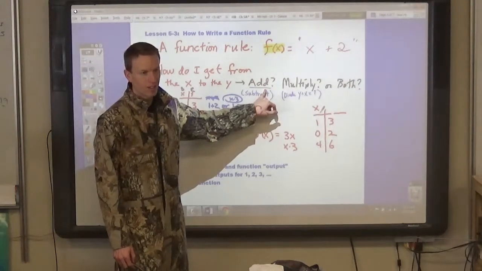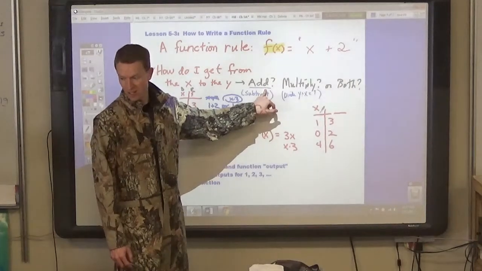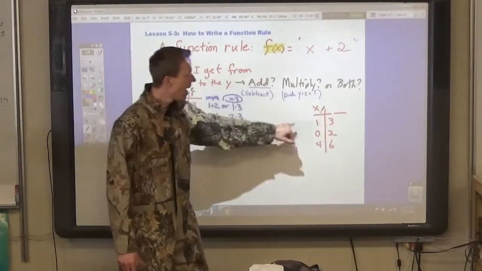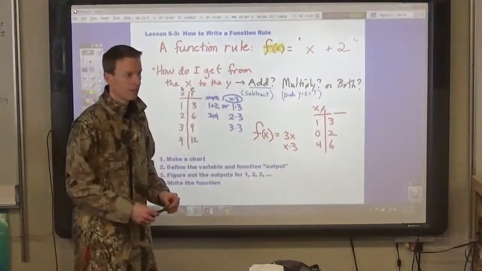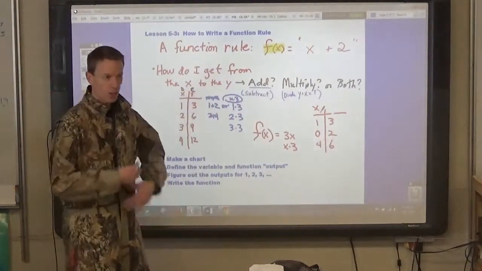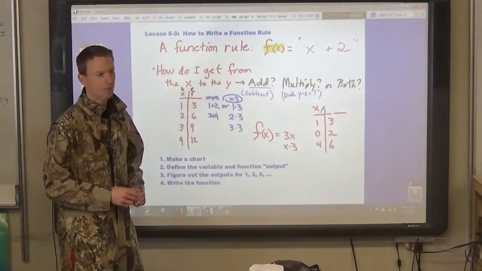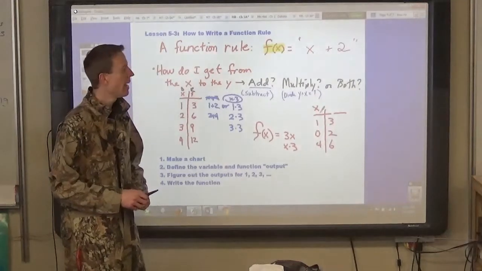The only thing you can add to 0 to get 0 is 0, right? So as long as you get another number on the other side, you know you're going to have to add. That'll be part of the rule. Sometimes you might have to multiply and add.